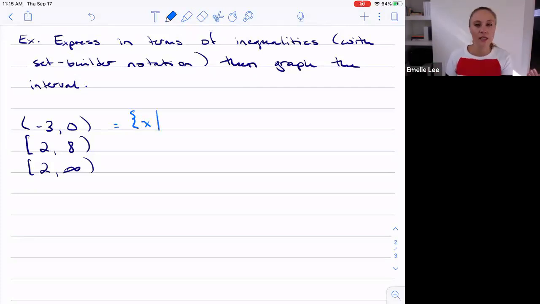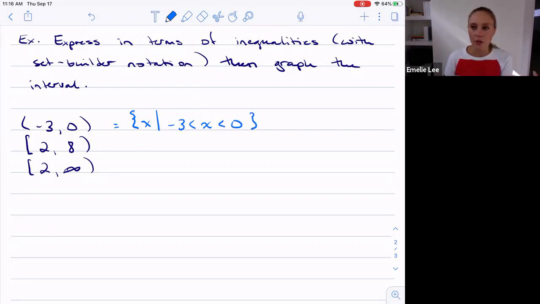So such that, remember that vertical bar we read as such that, and then here is where I'm going to put my interval in terms of inequalities. And so I want x to be between -3 and 0. So I'm going to put x in the middle, and then from -3 to 0.